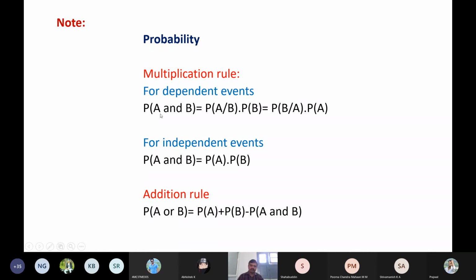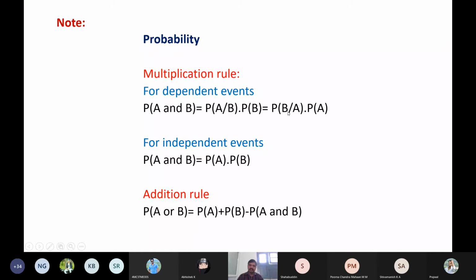Multiplication rule. If the events are dependent, then the probability of A and B will be equal to P of A by B into P of B. This is for the case where A is dependent on B. That means if B is solved, then only it is possible to solve A. That is the condition.